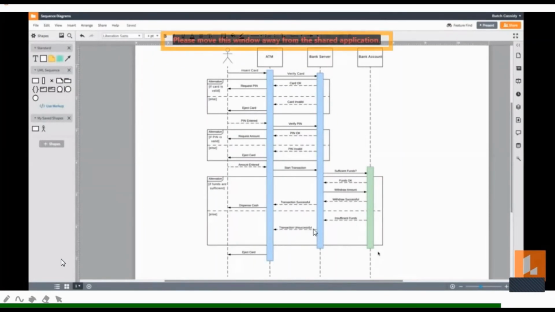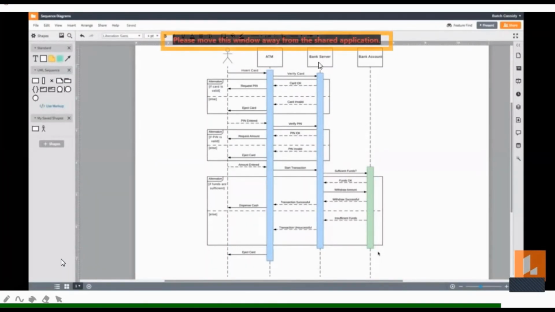The thing that you see in blue and green color is known as activation tabs, kids. Now this is an ATM, right? The ATM became active from the first message itself, this is its lifeline, right? Since when did the ATM start working? Since the first message came till the end message, so what is its activation time? This much. So that you denote in this box of any color you want.